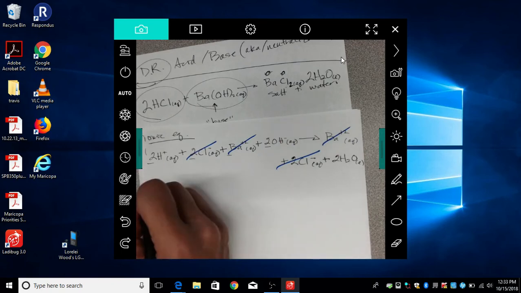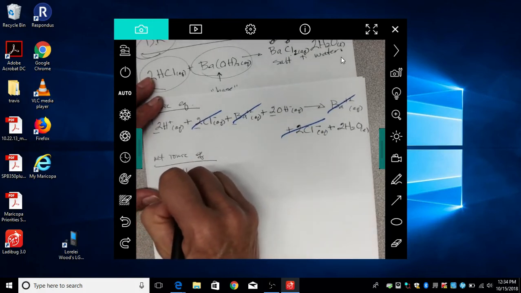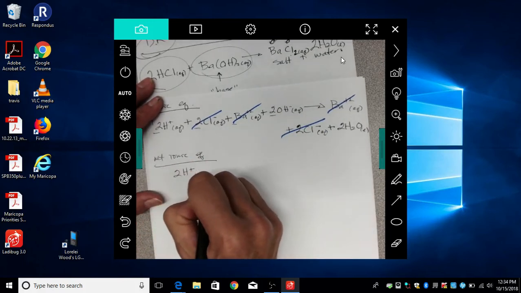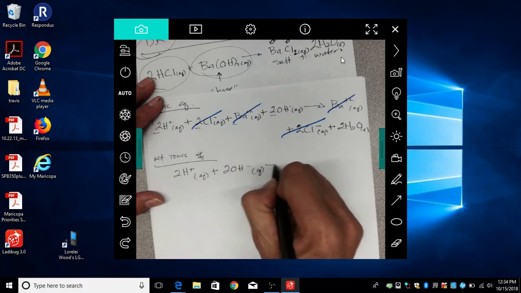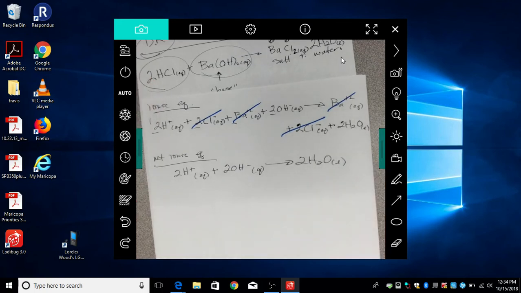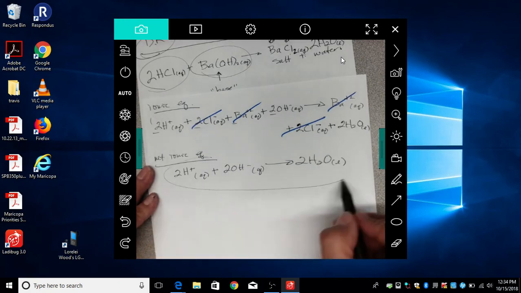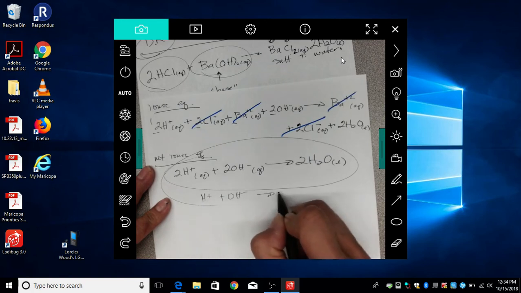All right, so now we're going to write our net ionic equation, which is 2 hydrogen ions in aqueous solution plus 2 hydroxide ions in aqueous solution gives me 2 water molecules. Now, anytime you have an acid-base reaction that's double replacement, it's going to look something like this. It might just have 1 hydrogen and 1 hydroxide making 1 water.